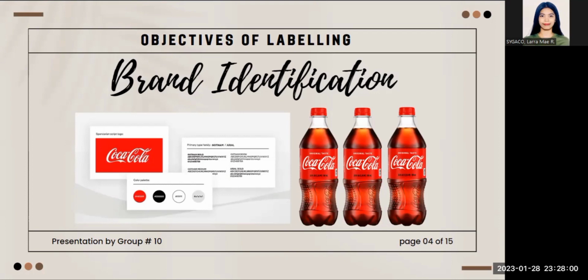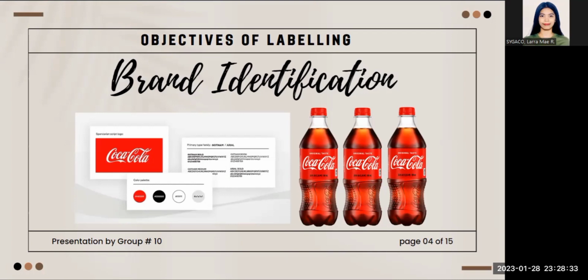So meron silang Coca-Cola Zero or no sugar, classic or classic vanilla, etc. Ayan yung mga flavor nila. Pero meron silang mismong logo na nag-identify na sila yung may-ari ng product. So labeling helps in the identification and principal place of business of the person by or for whom the prepackaged product was manufactured, processed, produced, or packaged for sale.